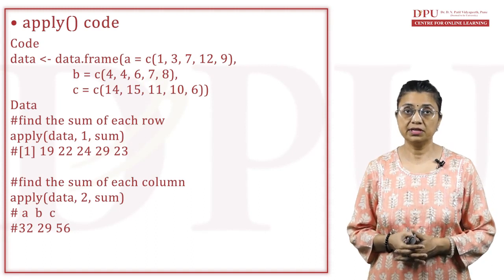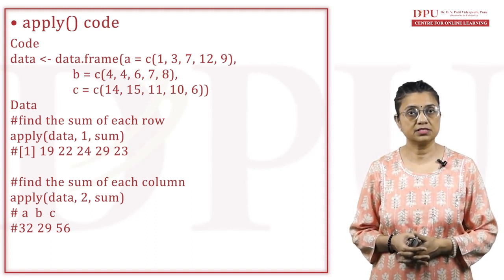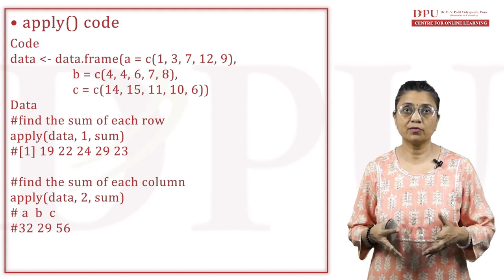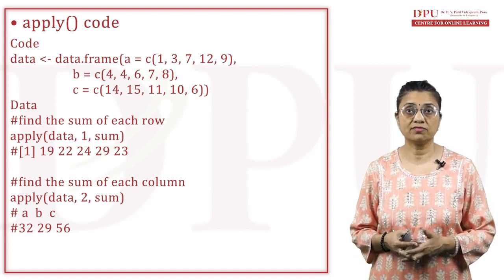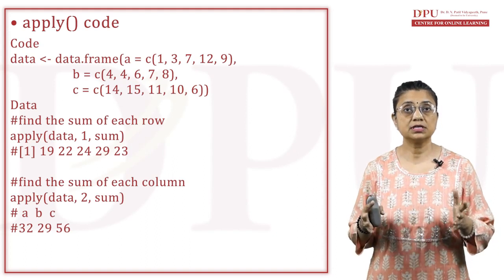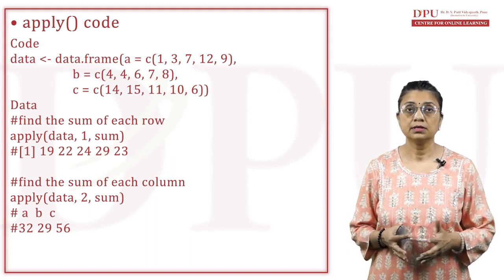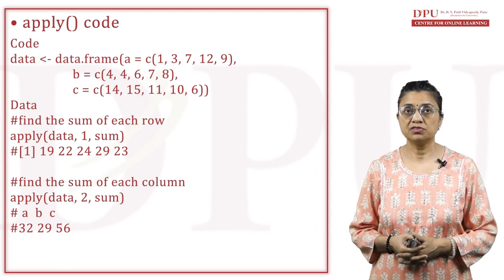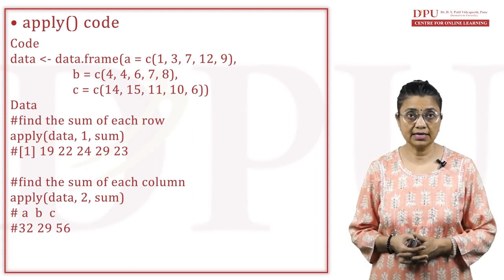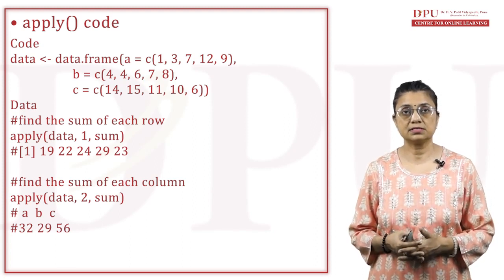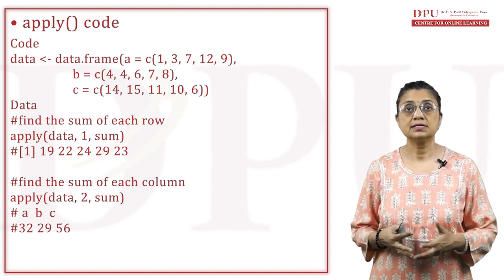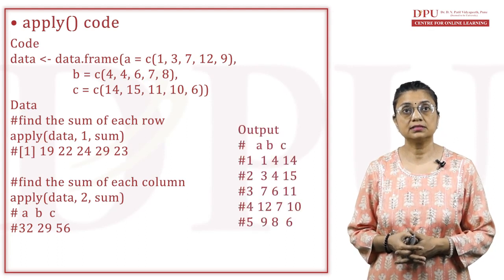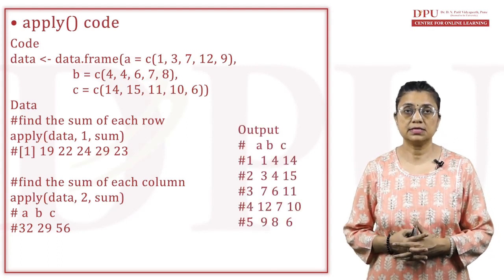Here we have three vectors, A, B, and C. Vector A has the values 1, 3, 7, 12, and 9, which is the first column of the data frame. The second column is B, which is 4, 4, 6, 7, 8. And the third vector is named C, and the values are 14, 15, 11, 10, and 6. So there are three columns, A, B, and C.